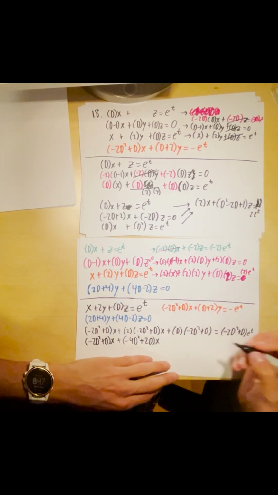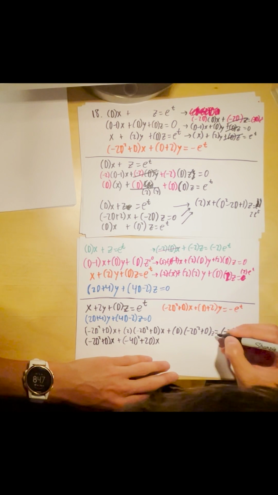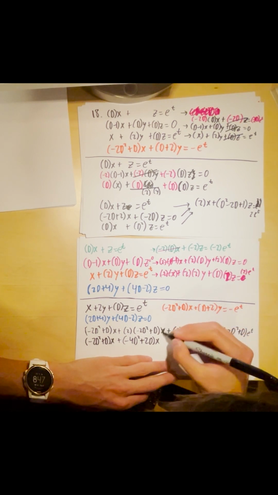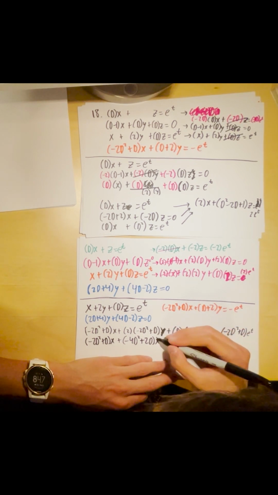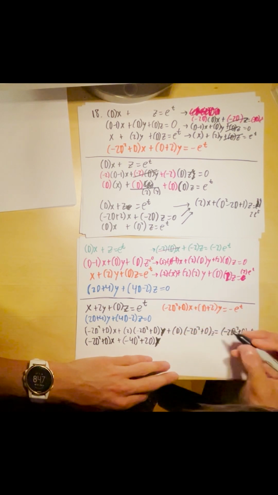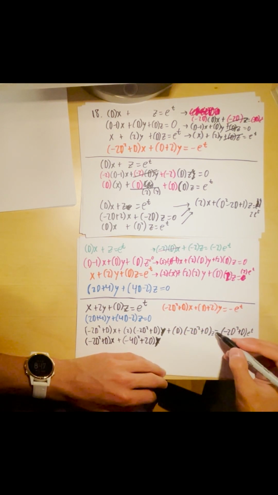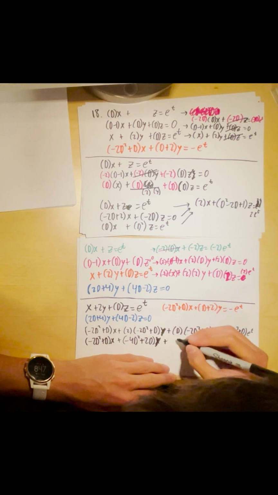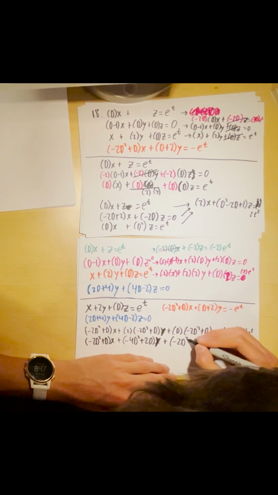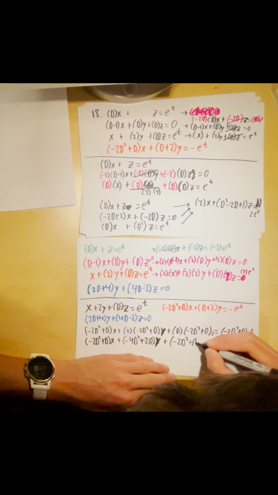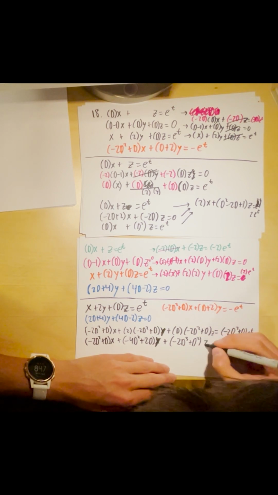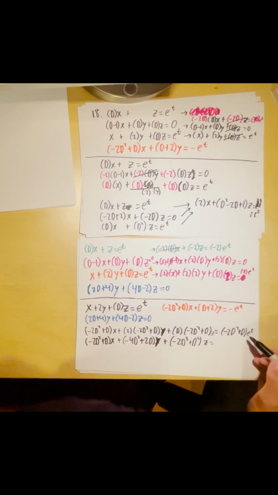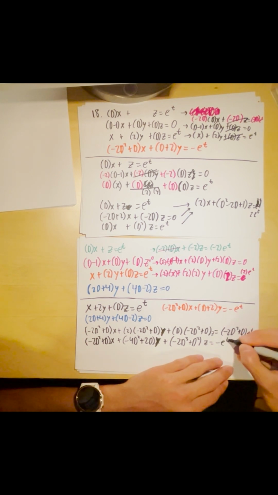And finally, that's a y, and this last is a z. Plus negative 2d cubed plus d squared z equals, okay, now negative 2 times e to the t plus e to the t is just negative e to the t.